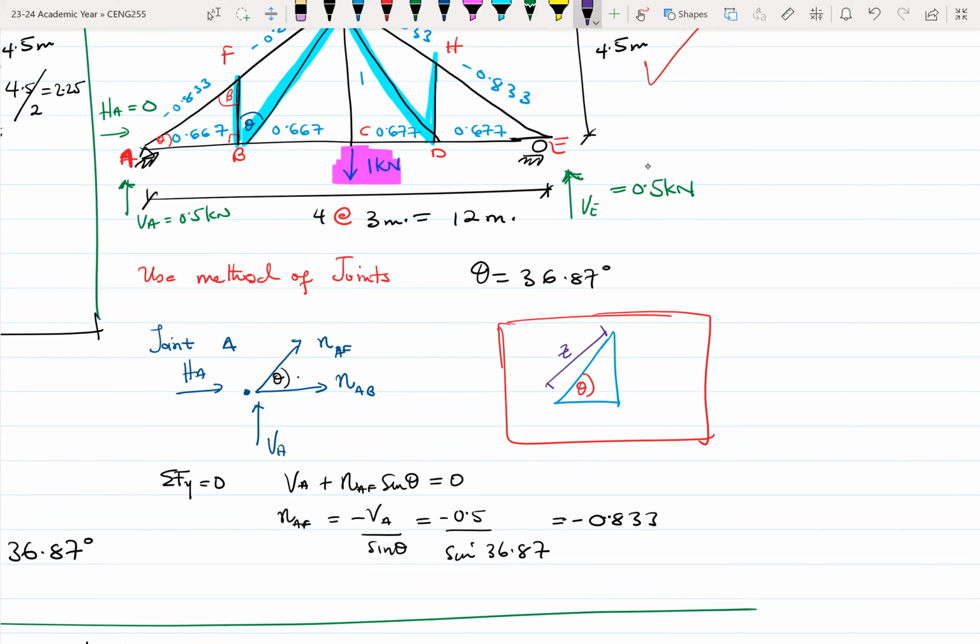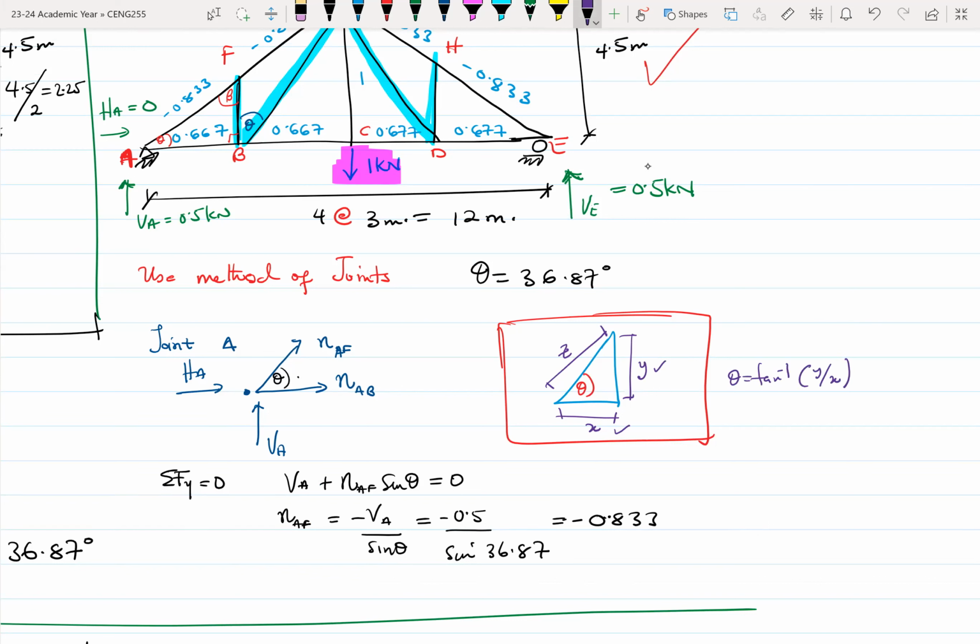Whichever lengths you know, x, y or z, whichever set you know, you would end up with the same answer anyway. So if you know only x and y, which is what will happen in most cases, then your theta is simply tan inverse of y over x.